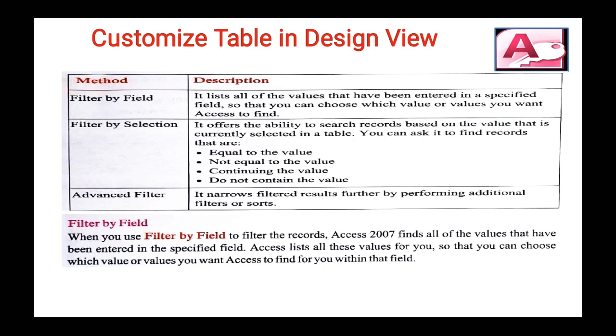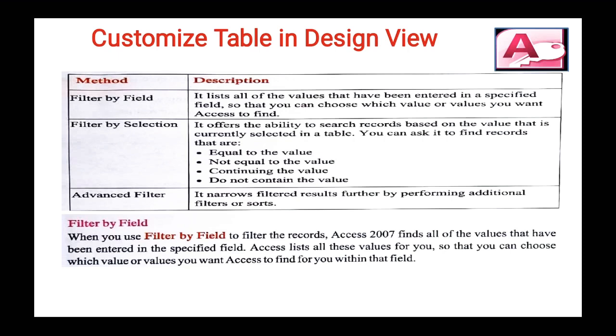Filter by selection offers the ability to search records based on the value that is currently selected in a field: equal to the value, not equal to the value, contains the value, does not contain the value. Advanced filter narrows filtered results further by performing additional filters or sorts.